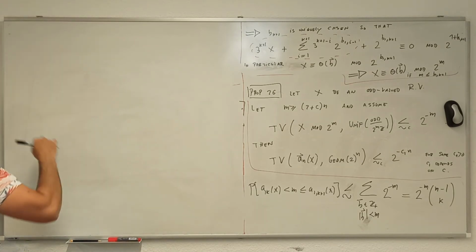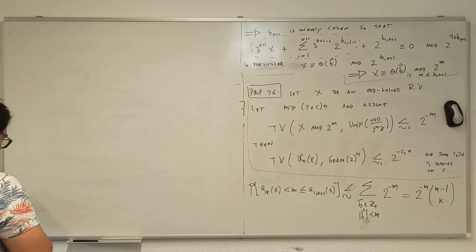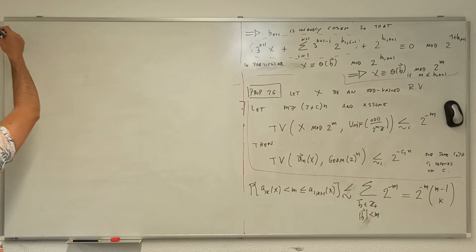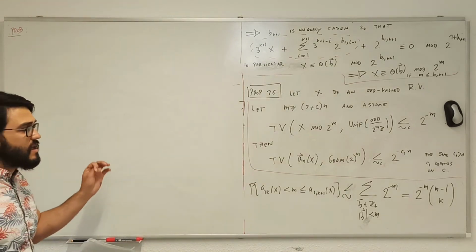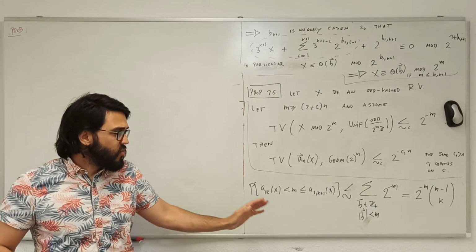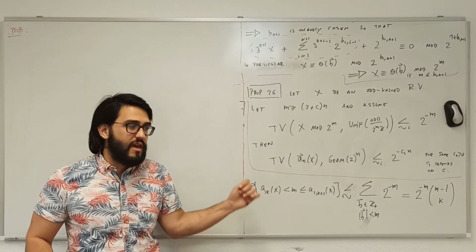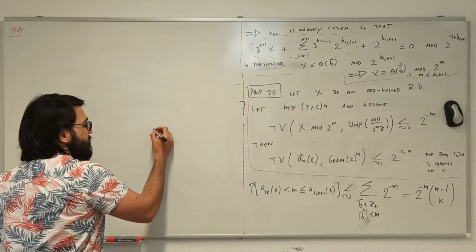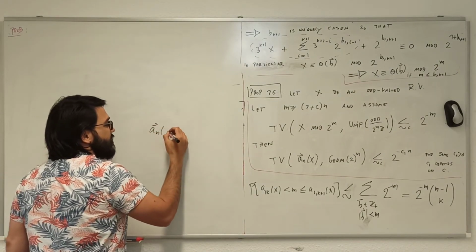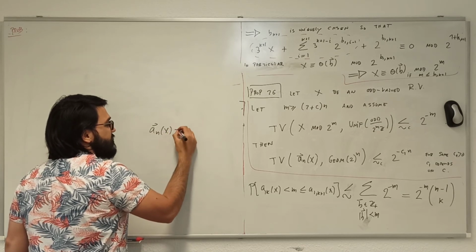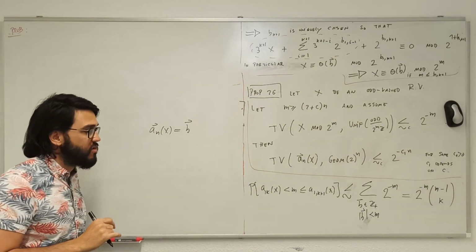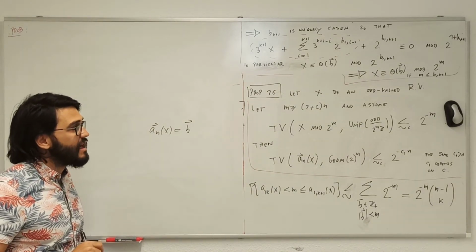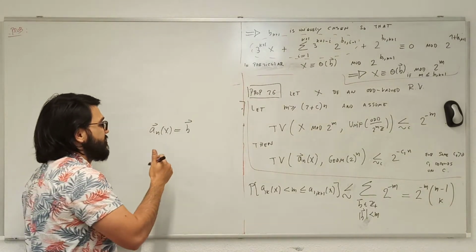So basically here we just use the property that for a_n(x) being equal to a certain vector, the solution to this equation lies in one residue class.